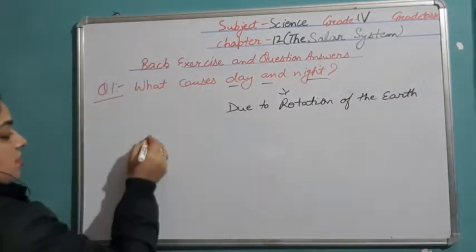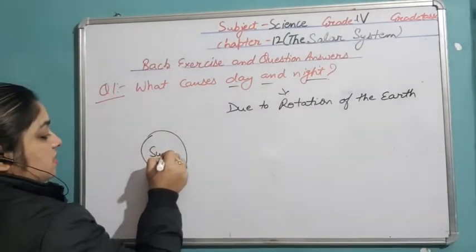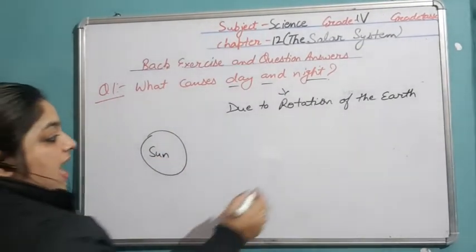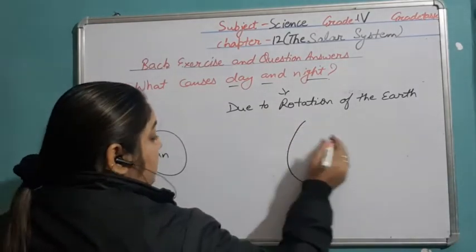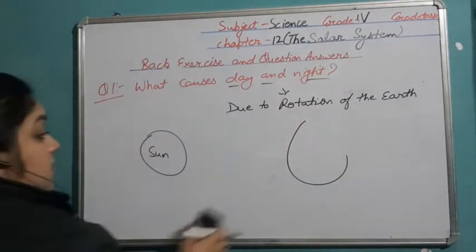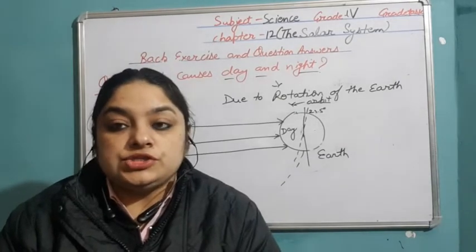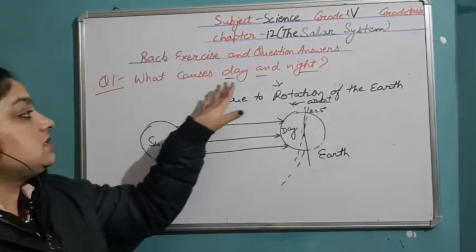The position of the Sun in the solar system is fixed, and Earth is revolving. Sorry. Is what causes day and night.